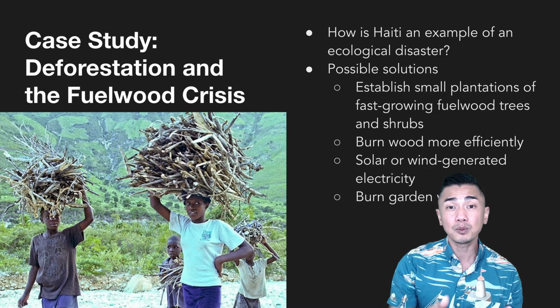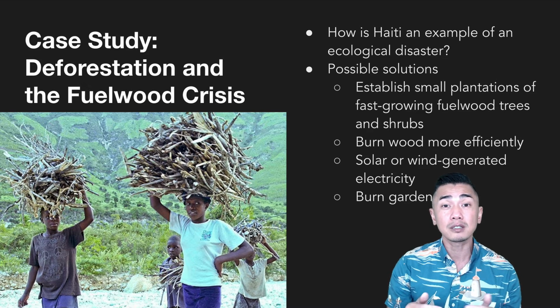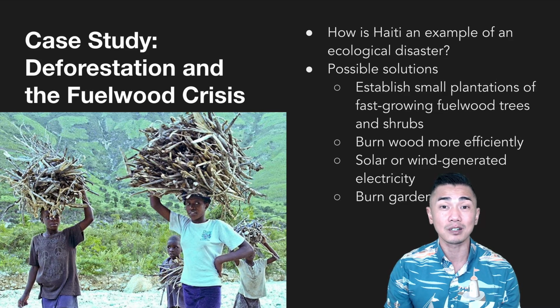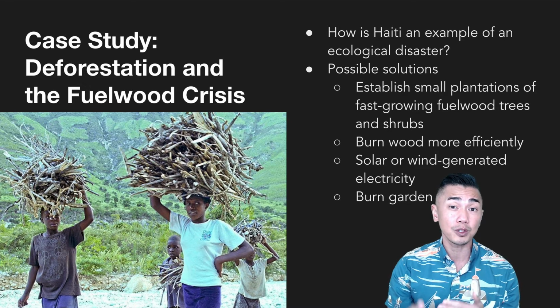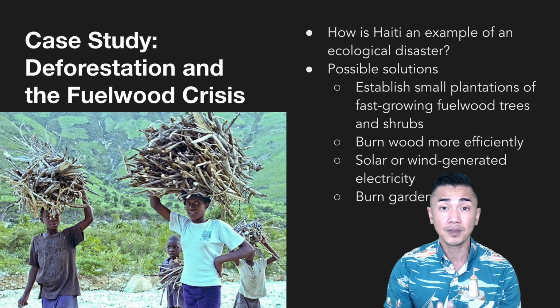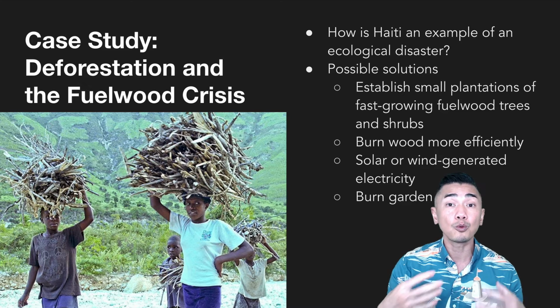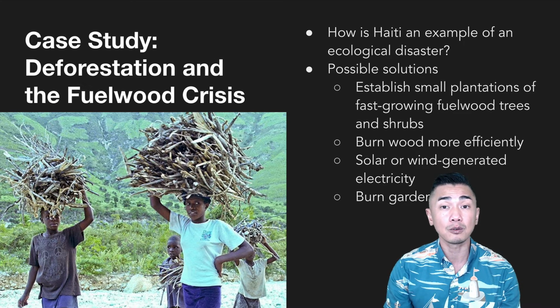There are possible solutions that people in the country can take to avoid total ecological disaster. They can plant small tree plantations with trees that grow fast or with shrubs. They can burn wood more efficiently. They can use solar or wind-generated electricity, or they can burn garden waste as an alternative to wood.